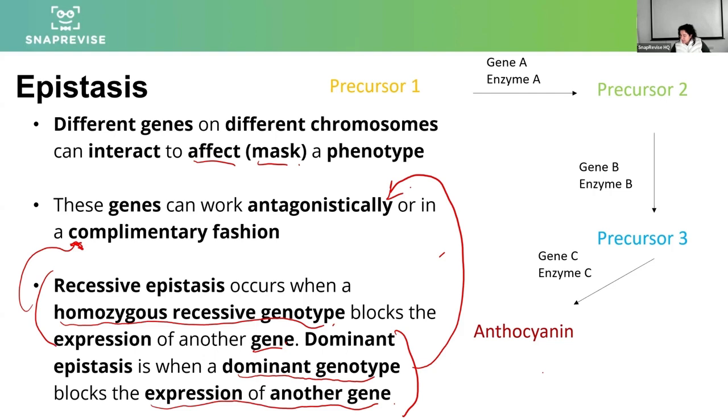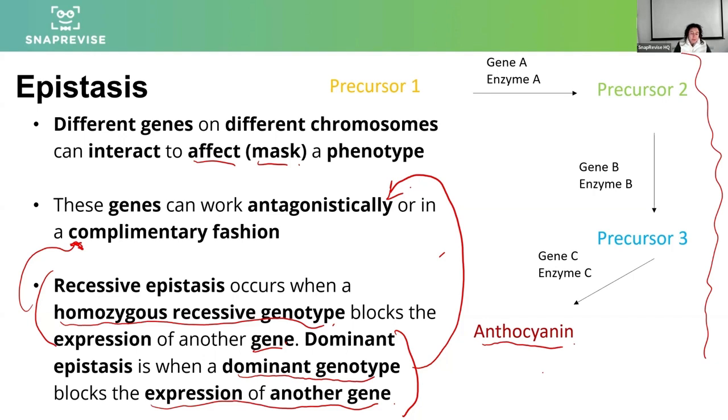Let's see this little example here. Whenever you have epistasis questions, how will you know? You'll know because you're going to be given some kind of context like that. You're going to be given some sort of signaling cascade, or a cascade of enzymes and proteins working together. For example, these are some precursor proteins to produce this pigment here, anthocyanin, on plants.